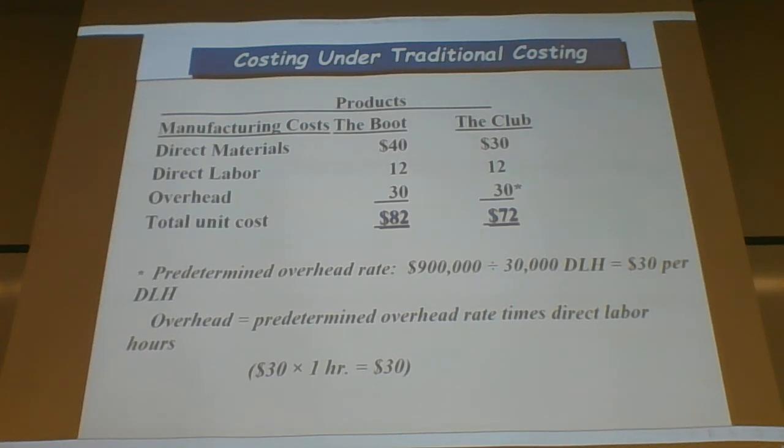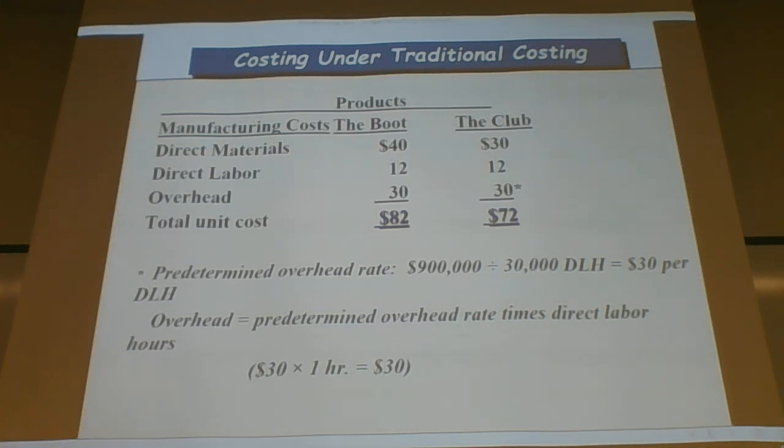So if we were going to do this, we could still make this work, I suppose, because we only have 2 products in this company. We just can't do it the way that we've done it. We're going to have to take this 900,000 and at an absolute minimum, we're going to have to say that if we're going to use direct labor hours, 5/6 of it should go to the boot and 1/6 of it should go to the club. Now that's a pretty easy workaround because again, we only have 2 products here.